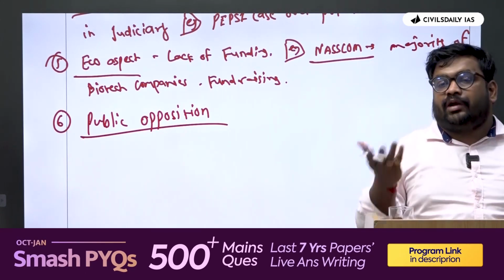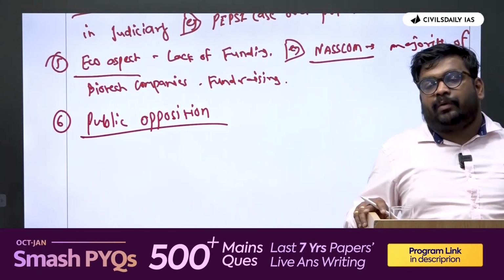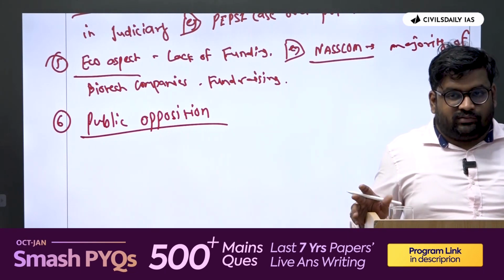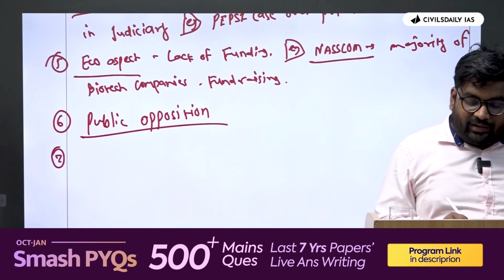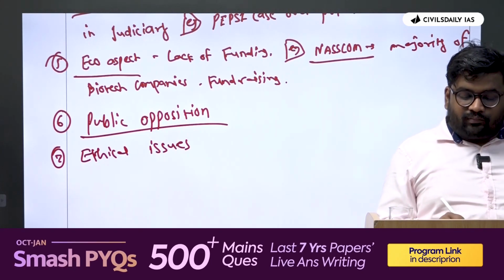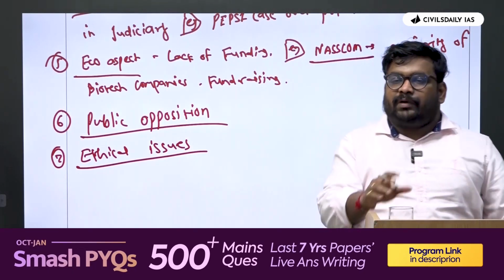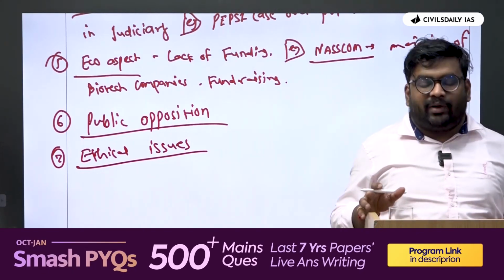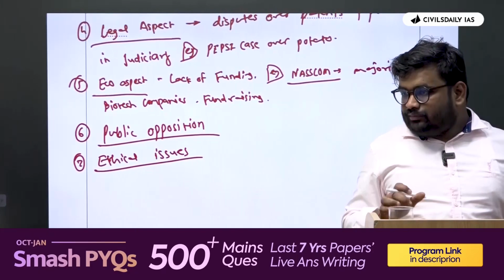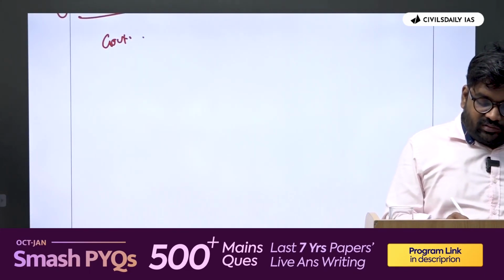With respect to biotechnology also, you have the ethical issue of public health and, second, going against the principle of natural selection. Okay, so seventh, ethical issues. Okay, so these are all the issues, and afterwards you simply give the list of the government efforts and then the conclusion for it.